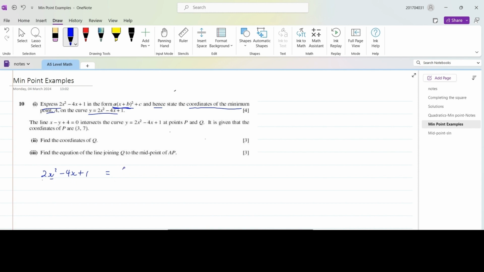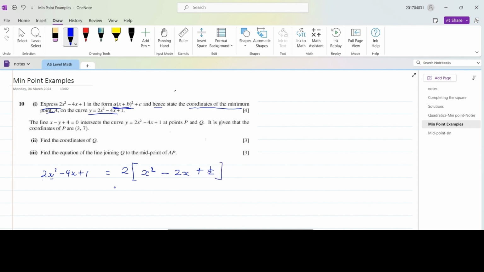So what I'm going to do is factor out the 2. If I factor out the 2, I have 2x squared divided by 2, which gives me x squared, then minus 4x divided by 2 gives us 2x, then 1 divided by 2 will simply be 1 over 2.